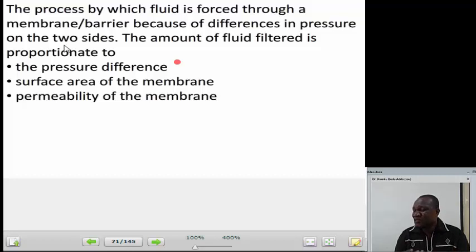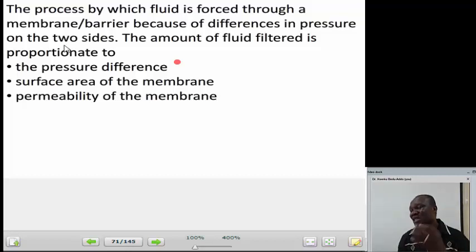If it is fine, very low, then it is low. It's like trying to filter something with a sieve. If the sieve is smooth with very little holes, it's difficult to filter. But when it's wide, then it's easier to filter.